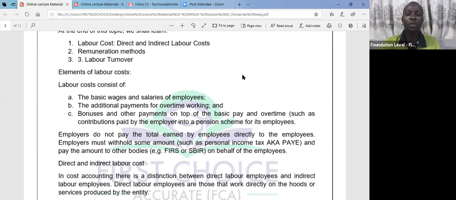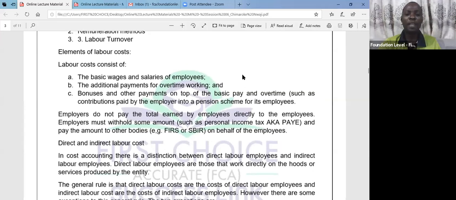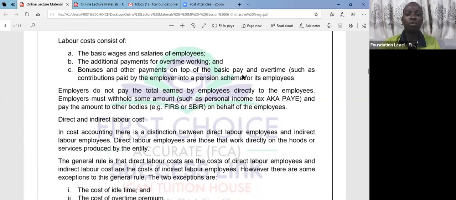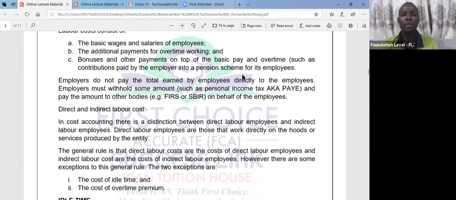Now, labor can be divided into two. We call them direct and indirect labor. Now, what is direct labor? Direct labor is labor that is done directly on the goods and services produced by the entity.